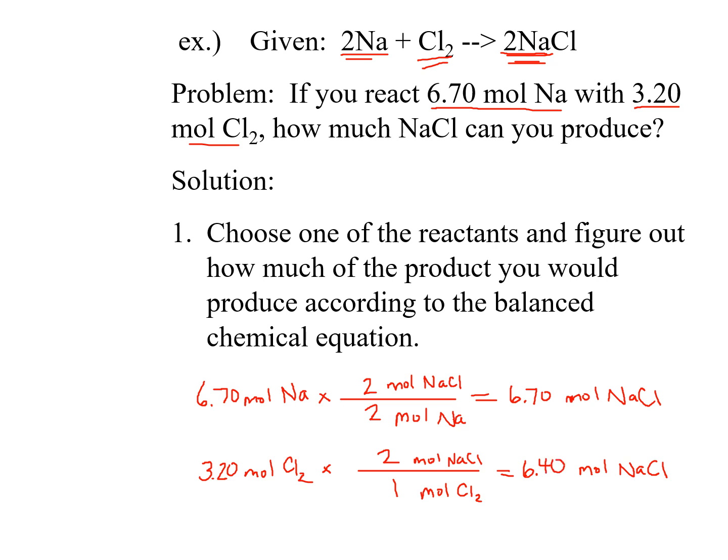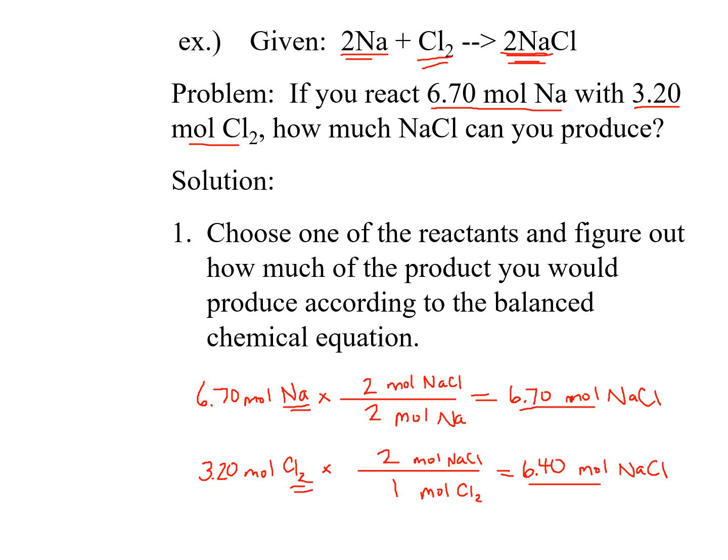Okay. Now, look at what we just did. We said that if we only had sodium to begin with, this is how much of the product we would make. If chlorine, Cl2, is what we began with, then this is how much NaCl, how much product, we would make. Well, notice the Cl2 only gets you to 6.4 moles of NaCl before you're done with it.